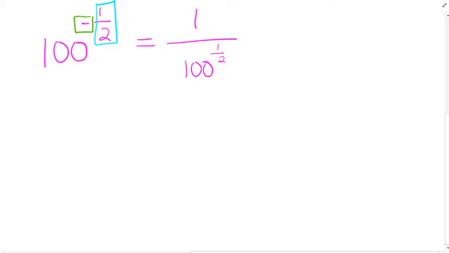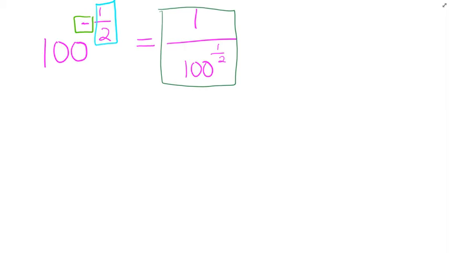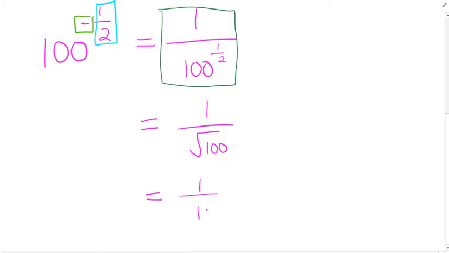Okay, now we've tackled that part. That part was fairly easy. Very good. So let's move on to the next step. Let's look at what it means to be to the power a half. We did this just now. To the power a half implies the square root of whatever the base is, in this case 100, and the square root of 100 most definitely will be 10.